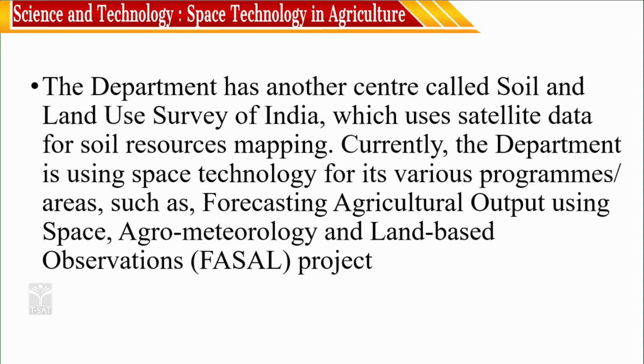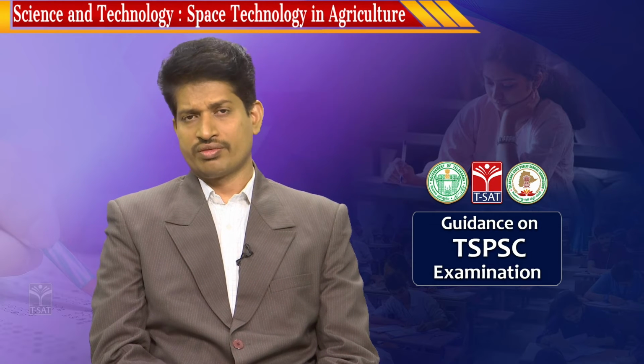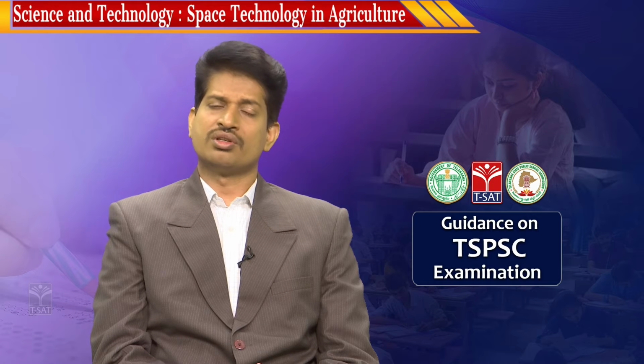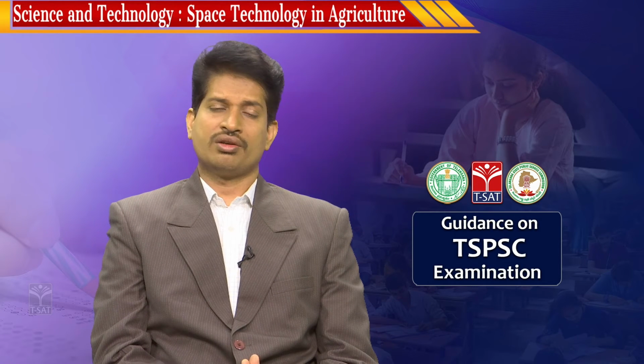This is known as agrometeorology and the land-based observation project. With the help of satellite technology, you can observe different regions and study their topography. Topography is studying the surface features of the earth in terms of slope gradient, whether it is rugged, valleys, plain or plateau, which can be read very easily.